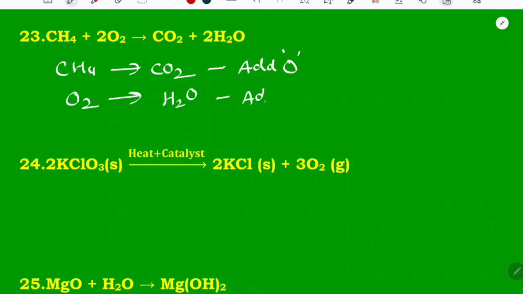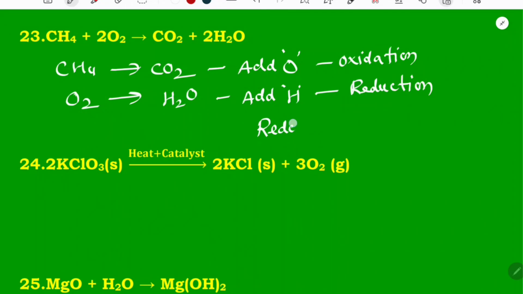Here adding oxygen takes place, so this is oxidation. Here adding hydrogen takes place, so this is reduction. Oxidation and reduction take place simultaneously, so we can say that it is a redox reaction.